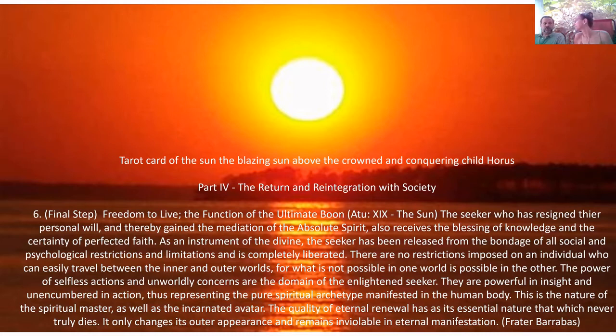One of the most beautiful things about some of Frater Barabbas's teachings, and it's the first time I've ever seen it put together, is that there are 22 stages of the hero's journey for Joseph Campbell, The Hero with a Thousand Faces, and 22 major arcana, which represent initiations.